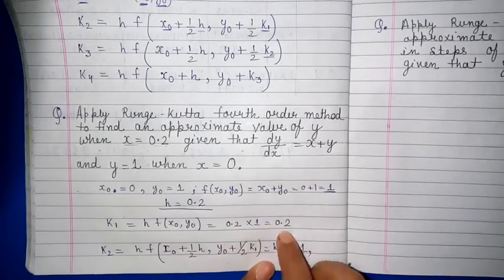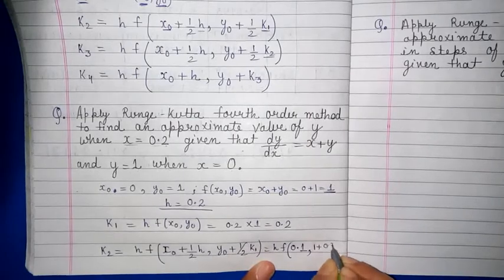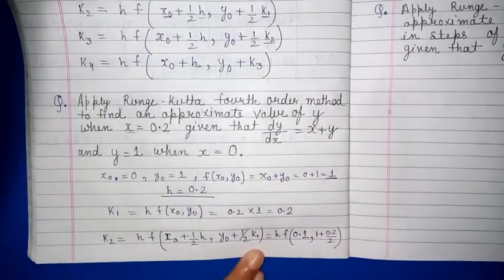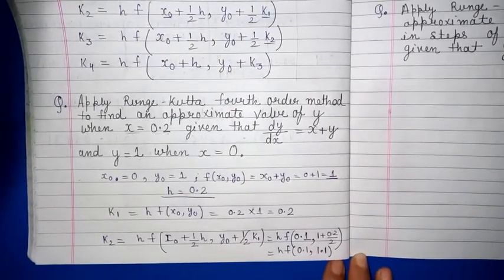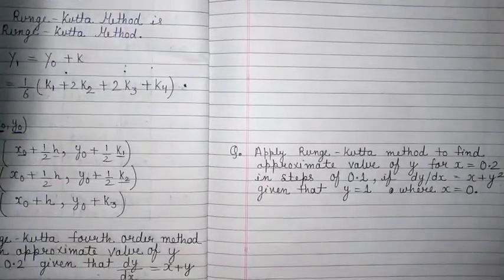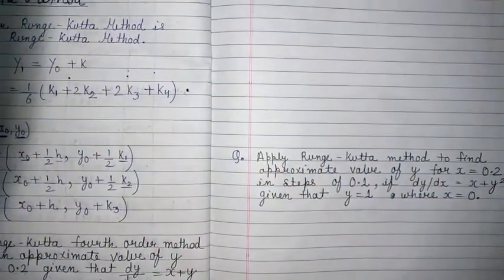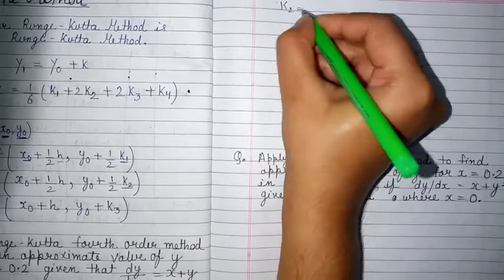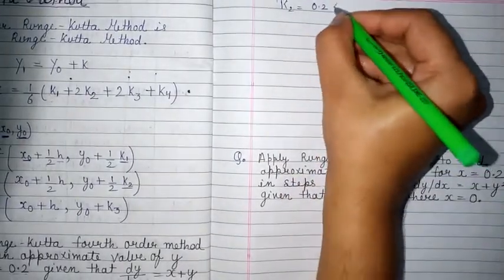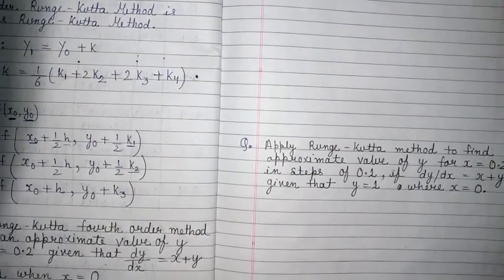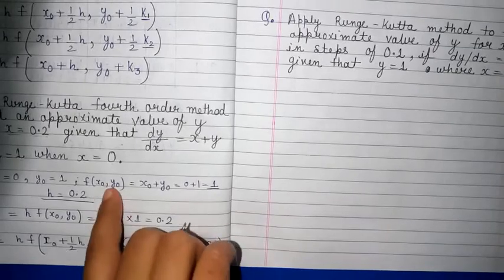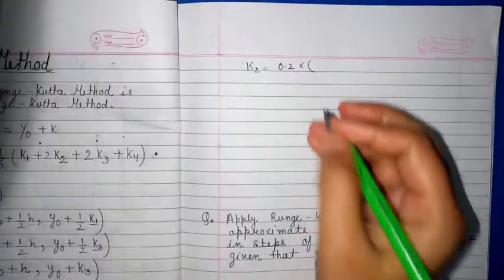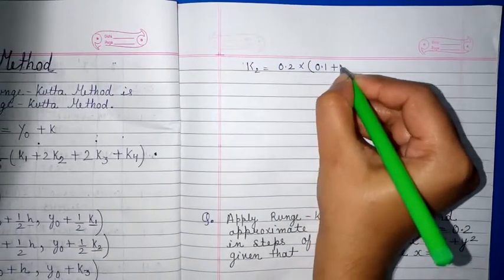K1 value we have got is 0.2, so 1 plus 0.2 by 2, which is 1.1. So we get f(0.1, 1.1). Then k2 will become h, which is 0.2, multiplied by f(0.1, 1.1). Since f(x, y) is x plus y, in place of this we write 0.1 plus 1.1.